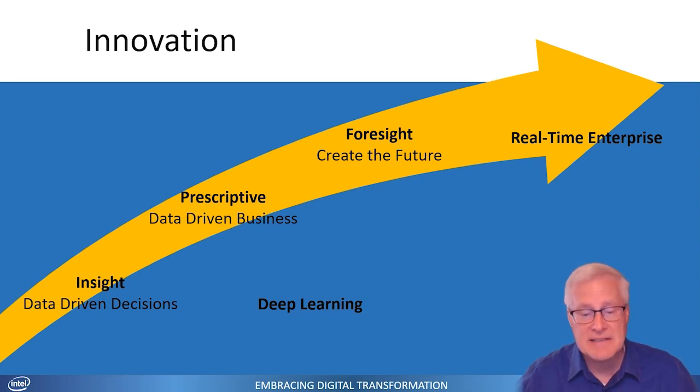If we take that to the next level, where I'm now prescriptive, now my AI and my systems are telling me what I should do about the insight that I gathered before. Insight by itself is very valuable, but it still requires human interaction and understanding and intuition that we have when we're seeing this information. Prescriptive will now be making suggestions on what would be the best course of action based off of this data that we have.